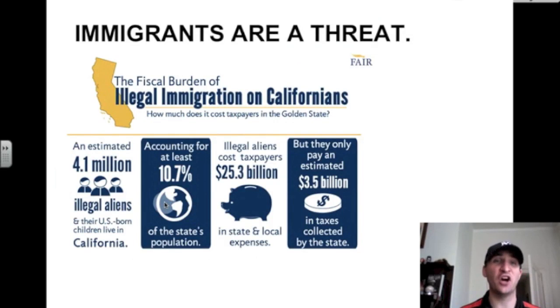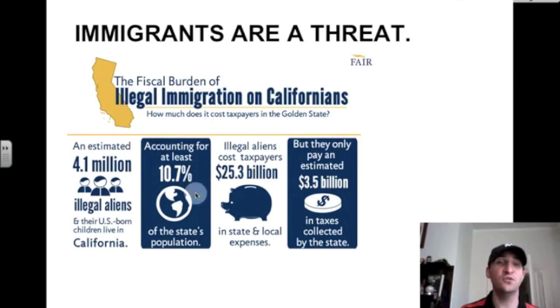There's one side of this argument that says immigrants are a threat. And this debate is not only going around in Germany, the United States also has this political debate. And those who think immigrants are a threat say that immigrants are a fiscal, financial burden. They carry a lot of negatives. And illegal immigration on Californians.